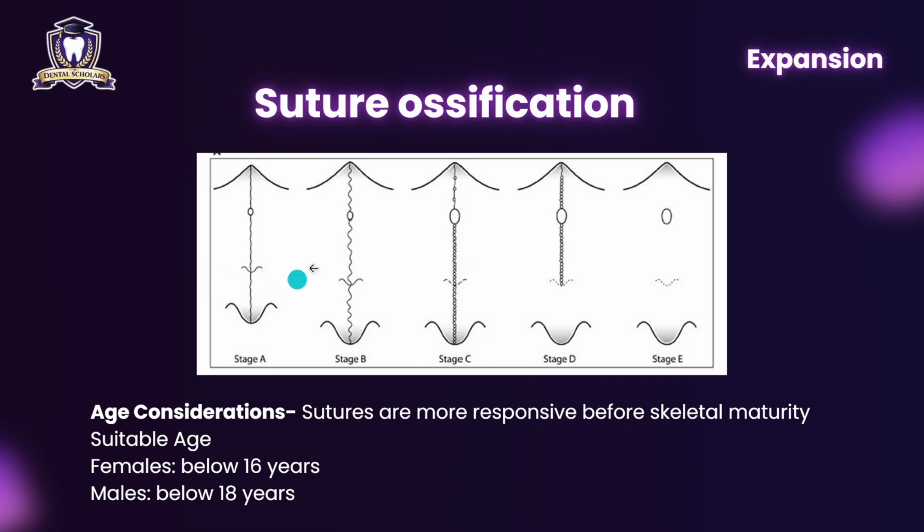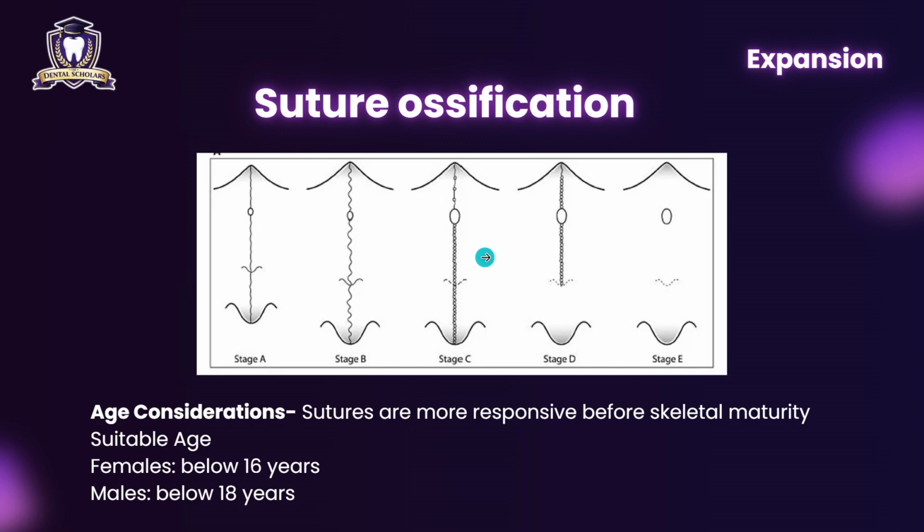Now going into the 5 stages, stage A is where the mid-palatal suture is almost a straight high density line with no or little interdigitation. Stage B is where the mid-palatal suture assumes an irregular shape and appears as a scalloped high density line.